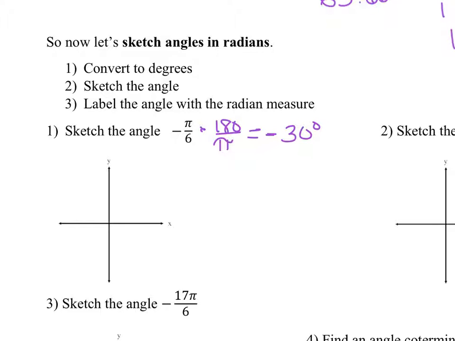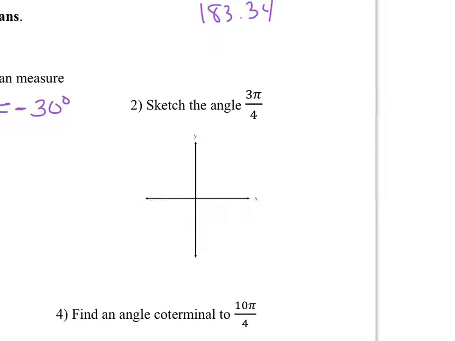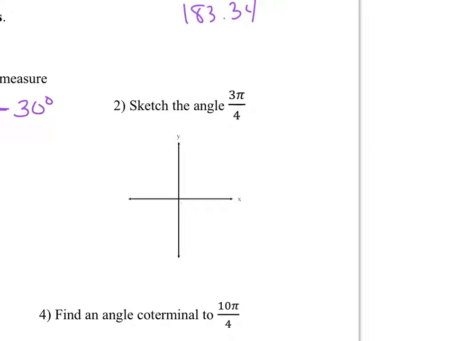So then we just sketch it. So negative, it starts at the x-axis and goes down very little, down 30 degrees, and there you go. So then you would label it with negative pi over 6. That's an arrow, it's supposed to be. So it's negative, so it's going down. Wonderful. So you can try the rest of these sketching the angle, so try that out for yourself.